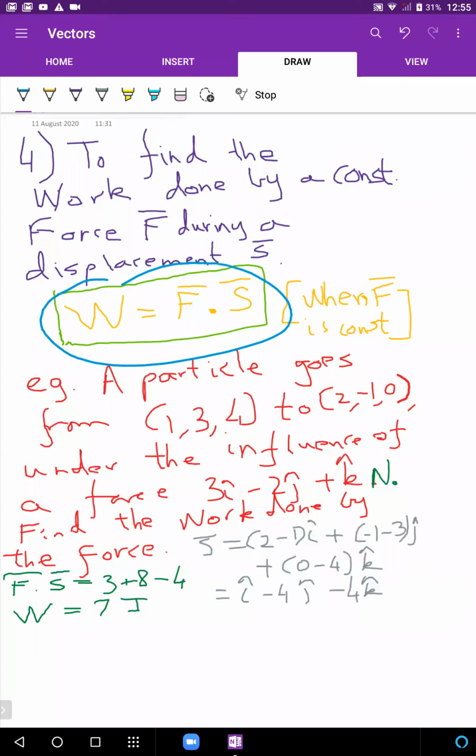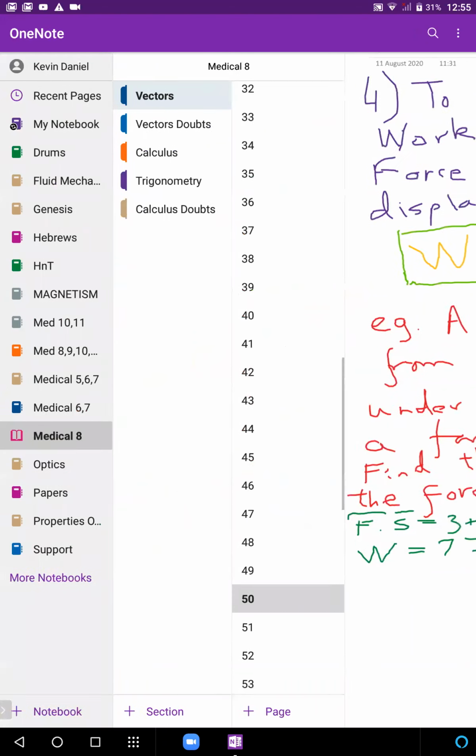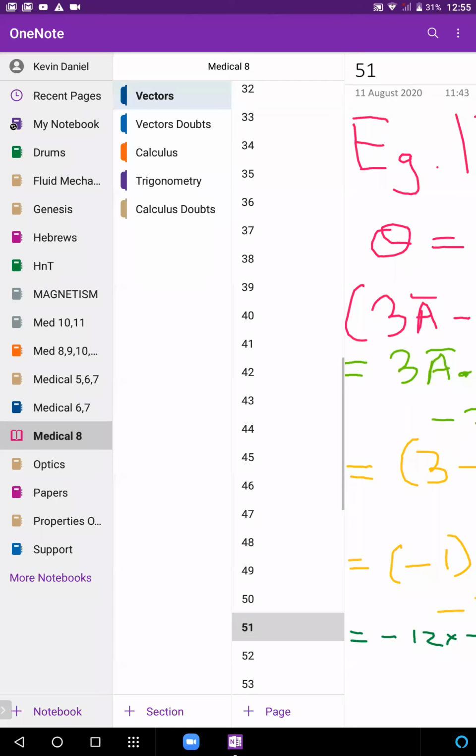Work is the dot product of force and displacement. That's how work is defined. You'll get more details into why work is defined like this when you do work energy. But filal, work is defined in this manner, as the dot product of force and displacement.